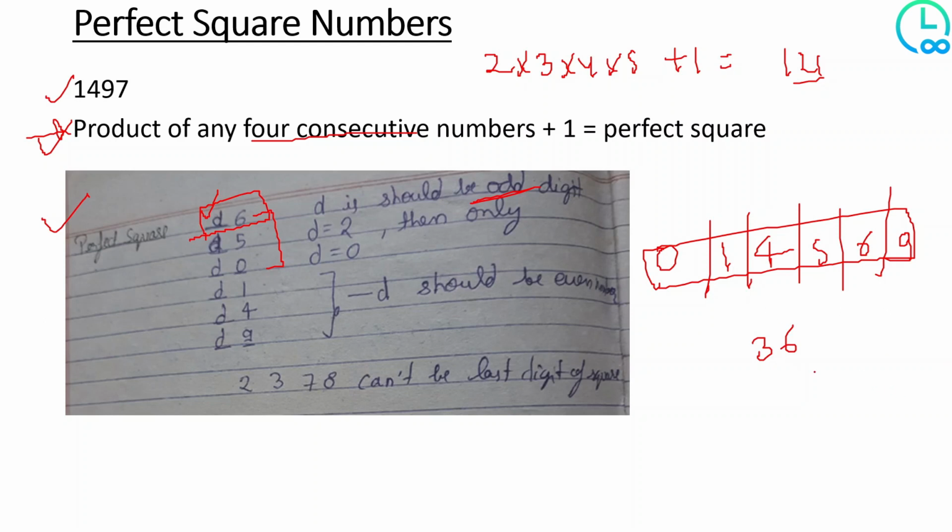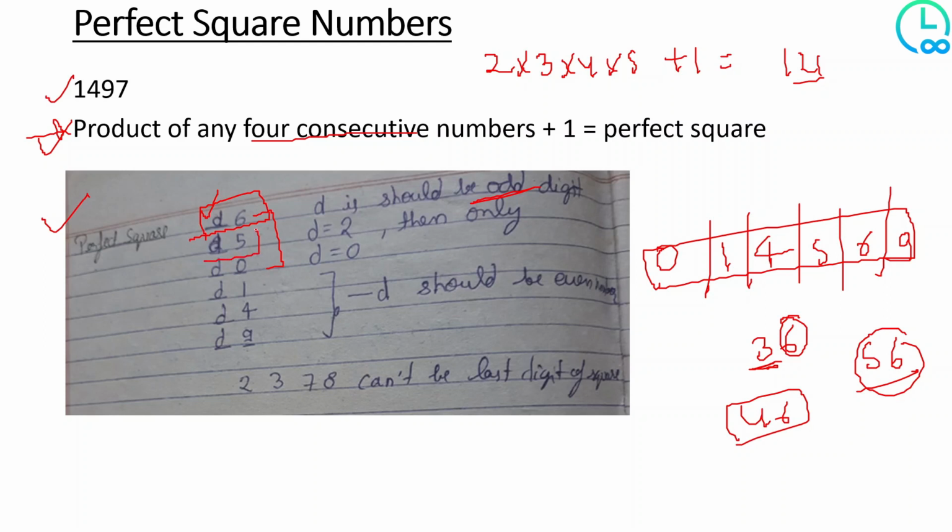And again the vice versa is not true, like 56. 56 is not a perfect square number, right? If a number is ending with 6, then the tens place must be an odd number. Suppose 46, we can conclude that this is not a perfect square number. But if it is 56, we cannot conclude, but we can say there is a probability that this may be a perfect square number.